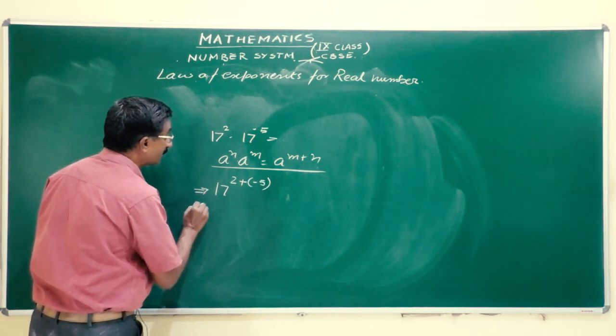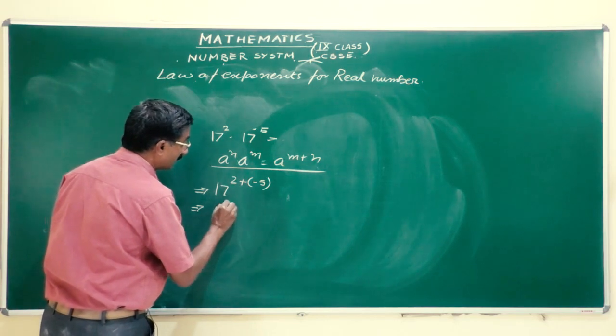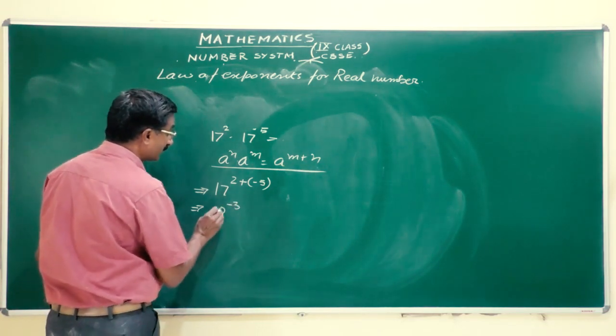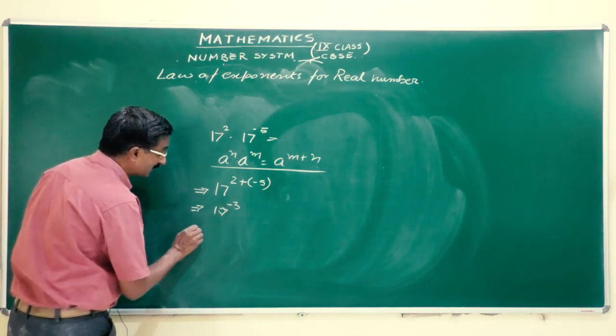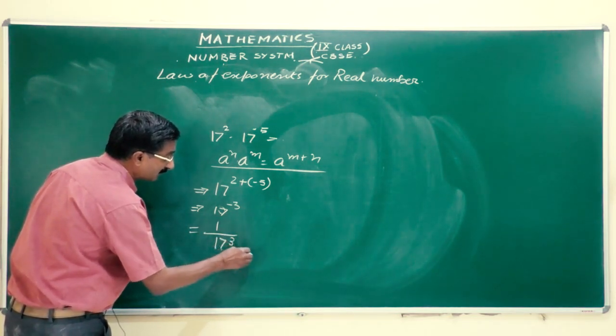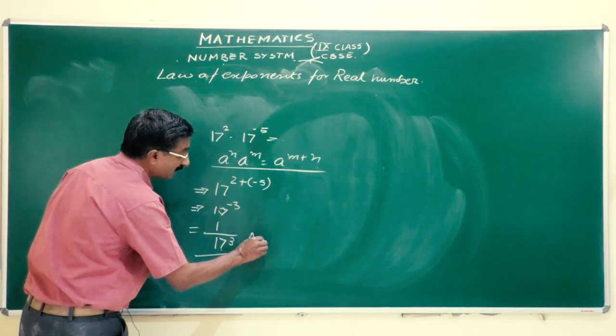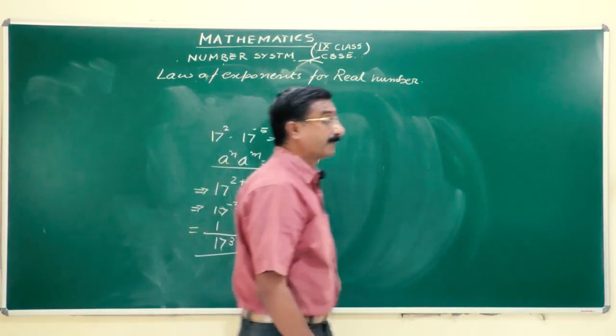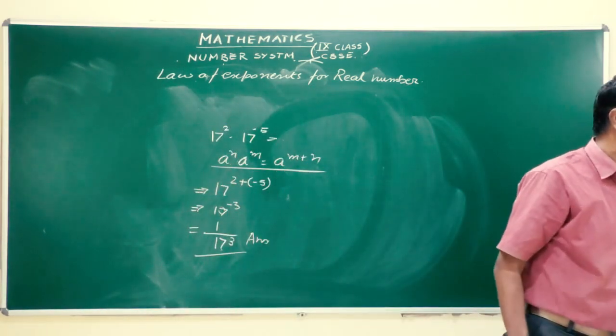So this is equal to 17 to the power minus 3. So this can be written as 1 upon 17 to the power 3. So this is the answer, 1 upon 17 to the power 3.